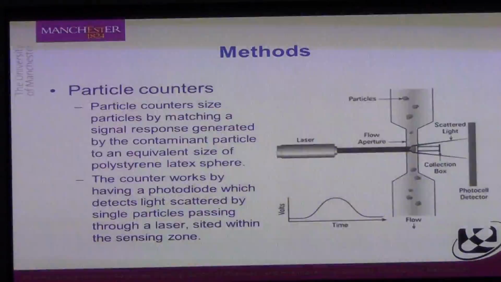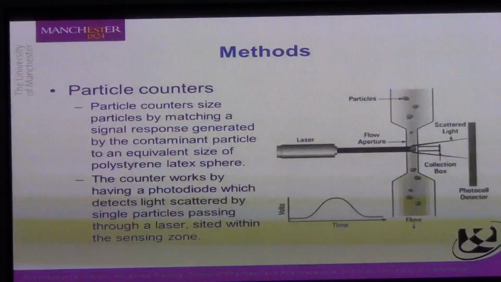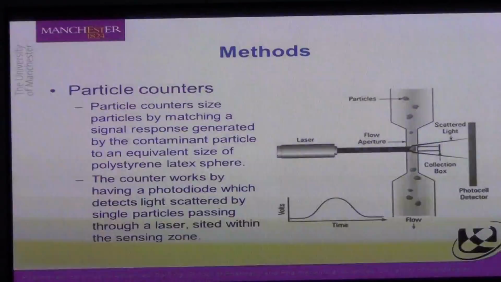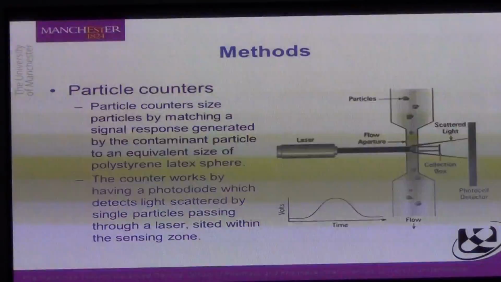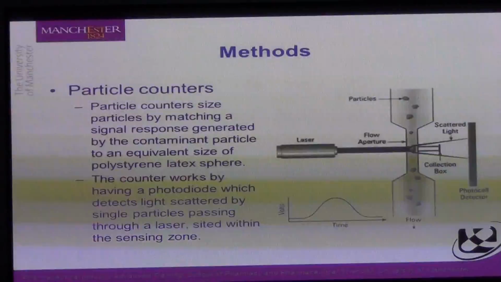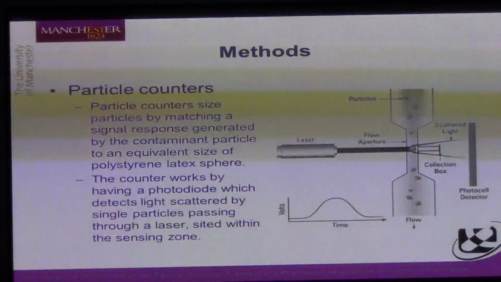And that degree of scattering determines both the size and the number of particles that pass through the laser. And these counters are relatively accurate. They're calibrated using latex spheres of a certain size and number.